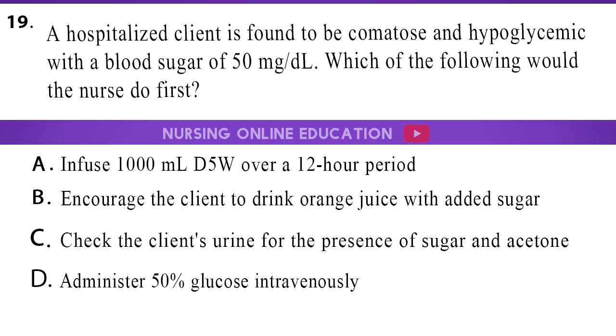19. A hospitalized client is found to be comatose and hypoglycemic with a blood sugar of 50 mg/dl. Which of the following would the nurse do first? A. Infuse 1000 ml D5W over a 12-hour period. B. Encourage the client to drink orange juice with added sugar. C. Check the client's urine for the presence of sugar and acetone.